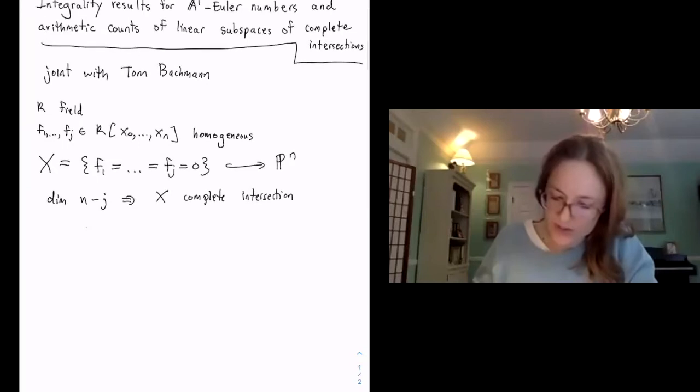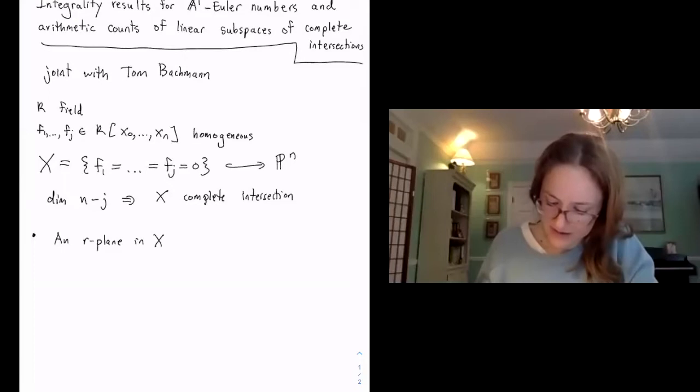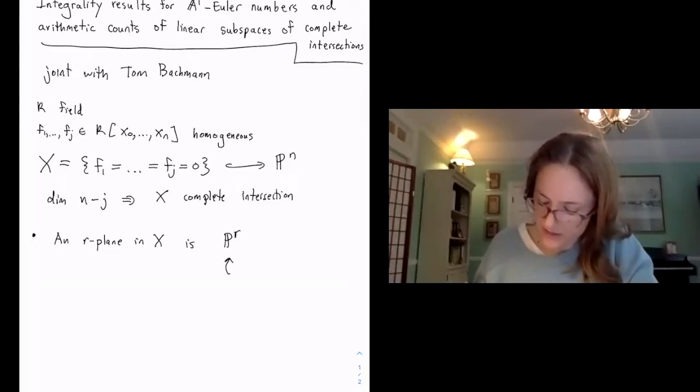So we're going to be counting linear subspaces. Let's say explicitly what a linear subspace is. So an r-plane in X is a copy of P^r cut out inside P^n by linear equations.